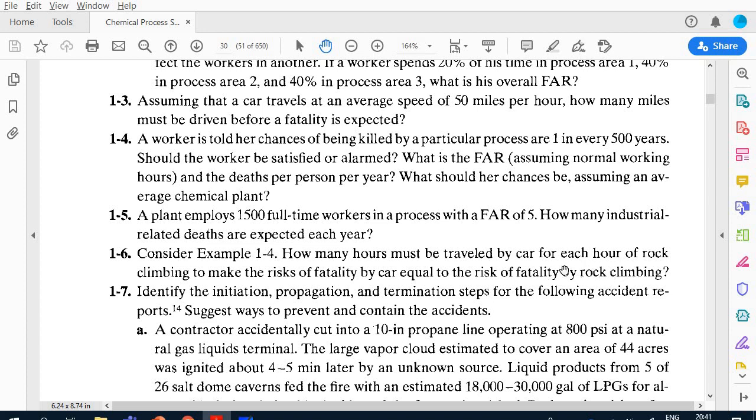Of course, rock climbing is much higher, if you can remember. So simply in 1.6, they want to compare car with rock climbing.